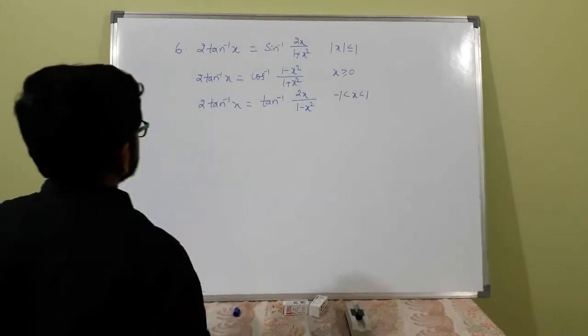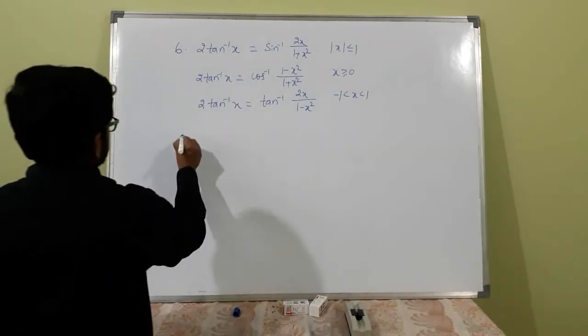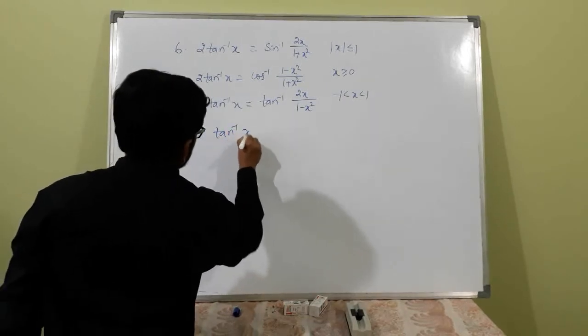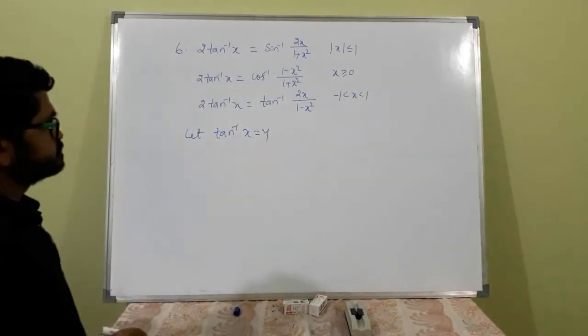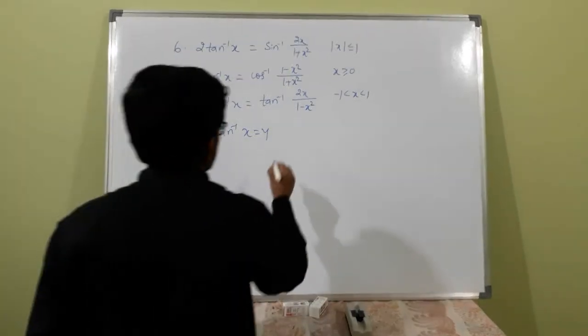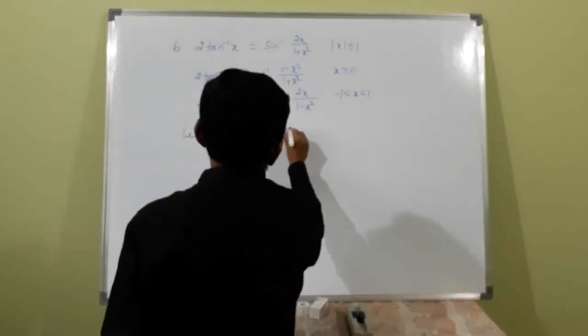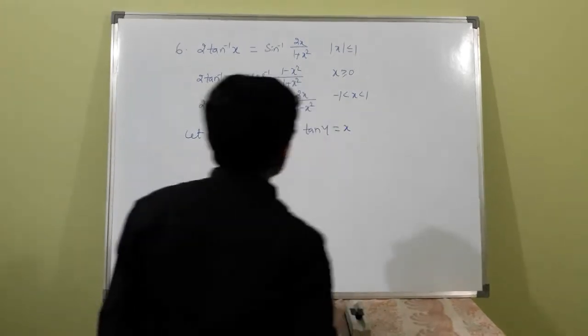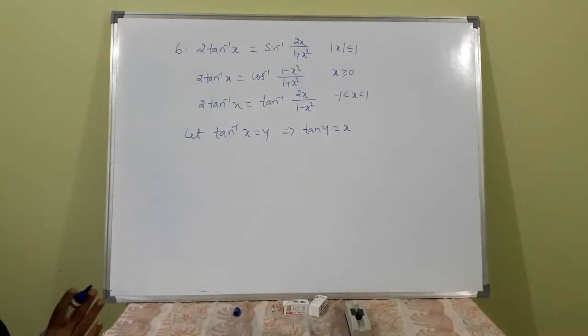Okay, let tan inverse x be equal to y. That implies tan y is equal to x, or x is equal to tan y.